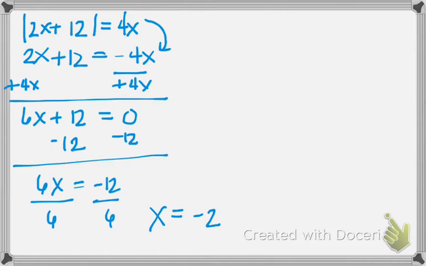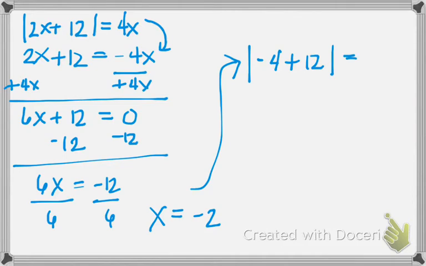Again, check your answer. Very important. So we have the absolute value of 2 times x, or 2 times negative 2, negative 4, plus 12, equals 4 times negative 2. This becomes absolute value of 8 equals negative 8.